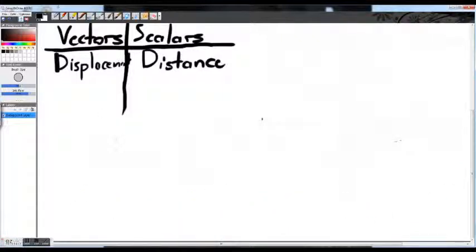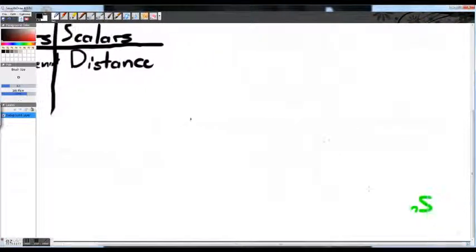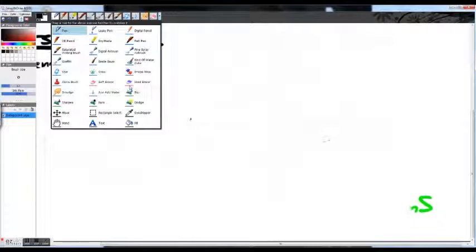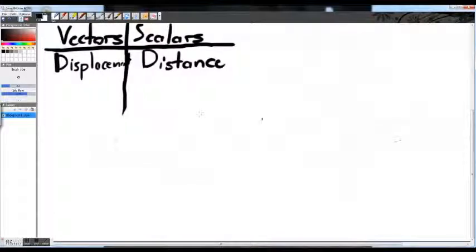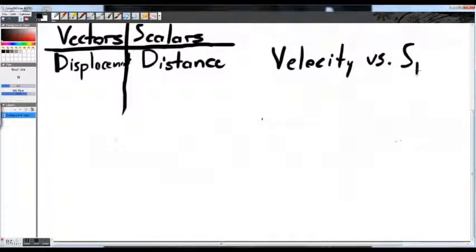So, there we go. So, velocity versus speed. The difference between the two is that velocity is a vector and speed is a scalar.